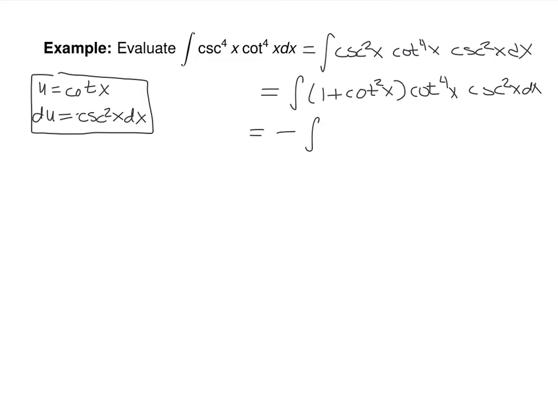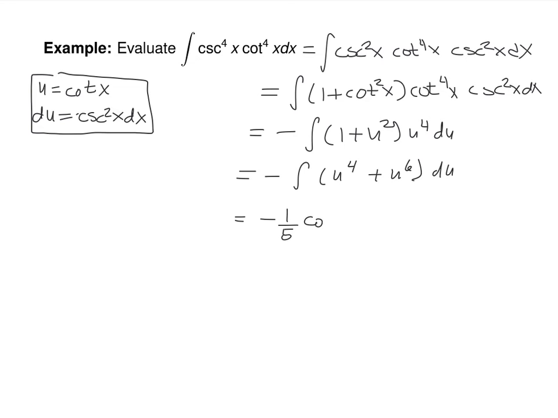Negative the integral of 1 plus u squared times u to the fourth, or negative the integral of u to the fourth plus u to the sixth. And then let's anti-differentiate and plug our u back in. So I have negative 1/5 cotangent to the fifth minus 1/7 cotangent to the seventh plus c.